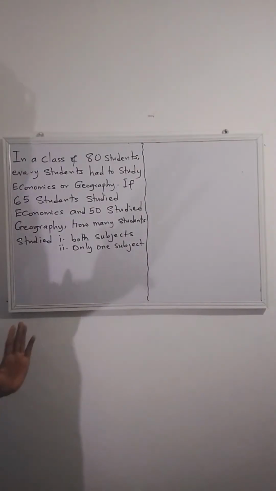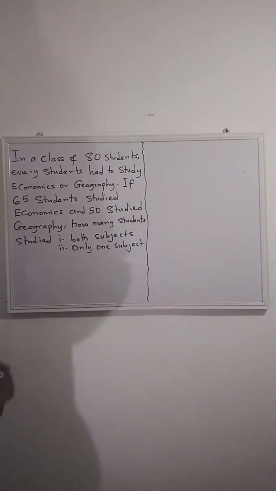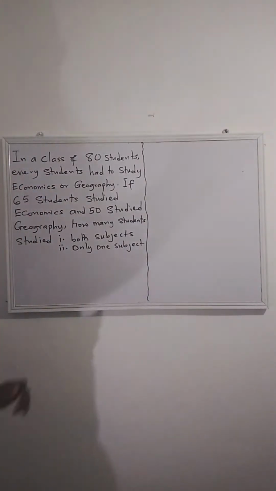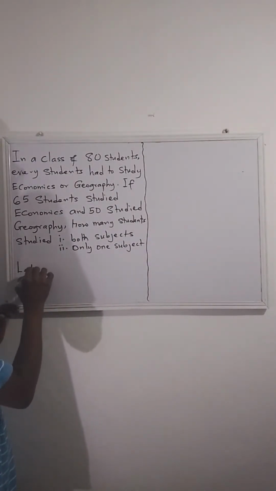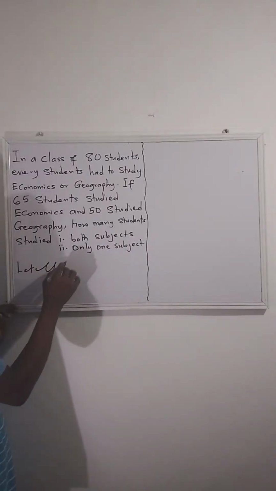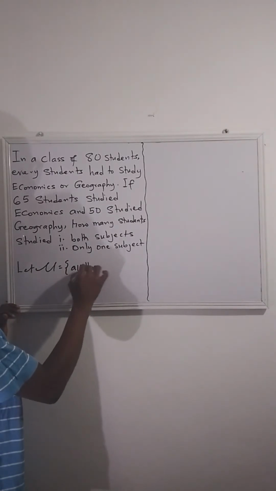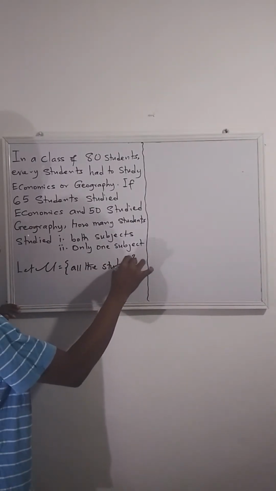Okay. So now if you have that at the back of your mind, we should be able to solve this problem. Now, how do we start? Now we start by representing each of the classes by an alphabet. Now, let's start with the first one. We say, let U be the set of all the students. All the students.